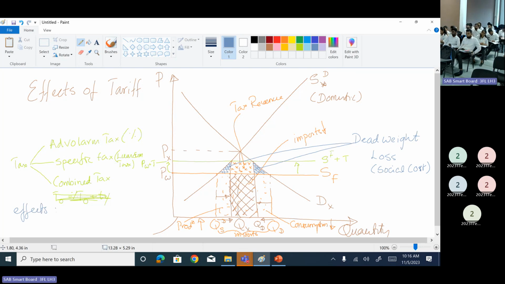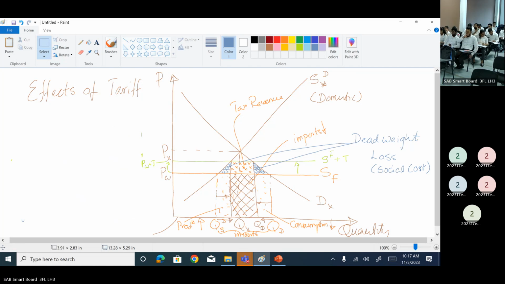One is the production effect. As a result of the tariff, you can identify this production effect. What happened?